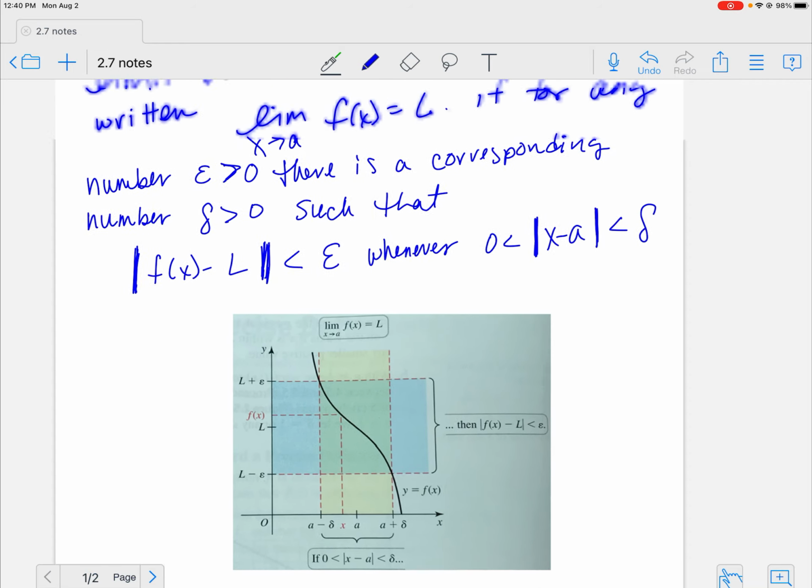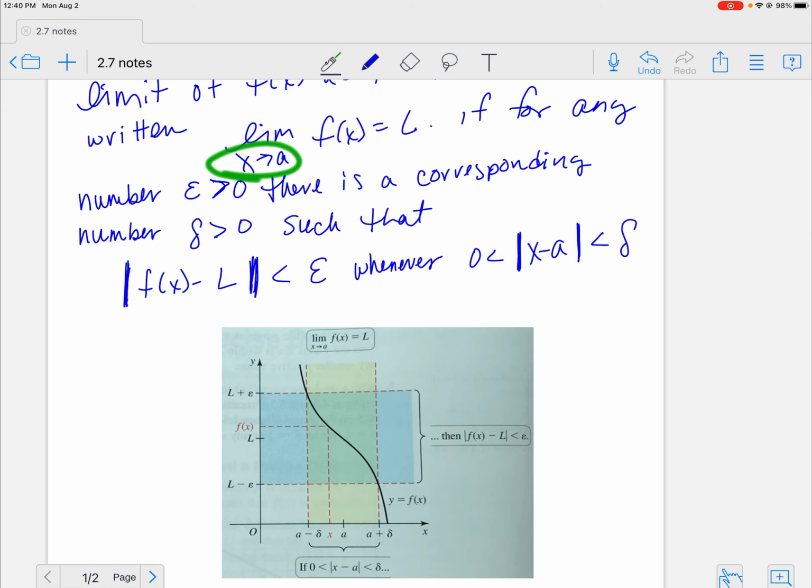When we take the limit as x approaches a, then my output is going to be my limit. As I approach a on my function, I am getting my limit.